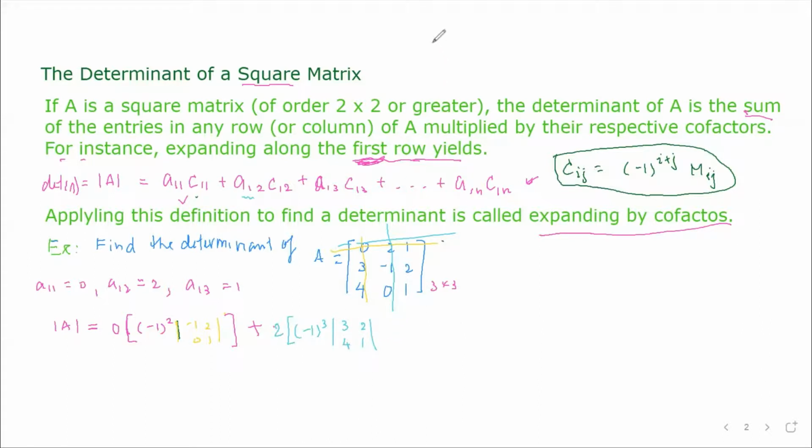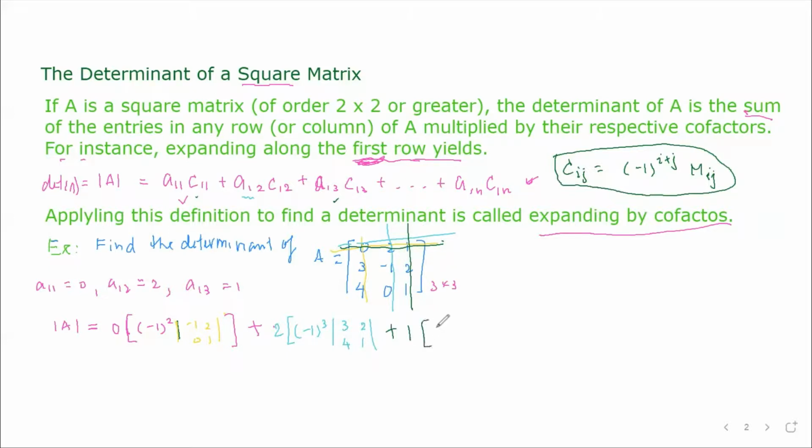Next, plus, now do this third term here, A13, C13. A13 is first row, third column, and the coefficient here is 1.